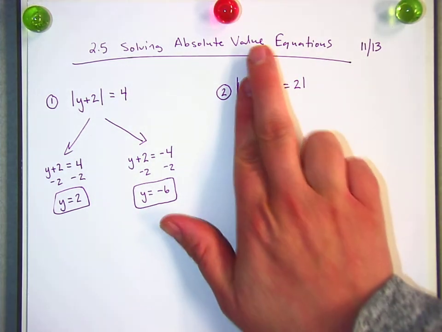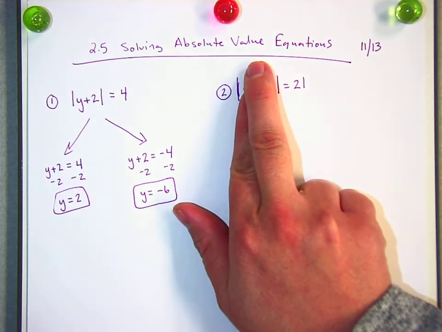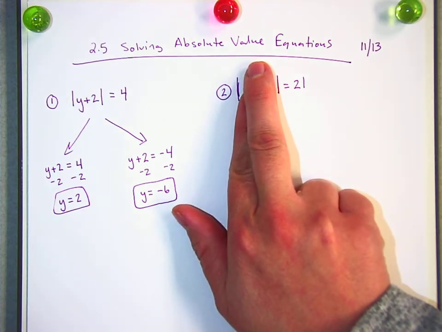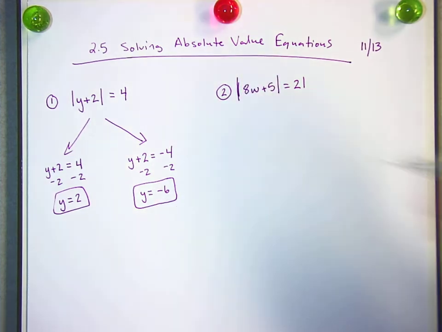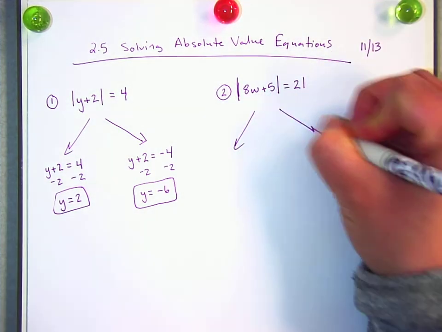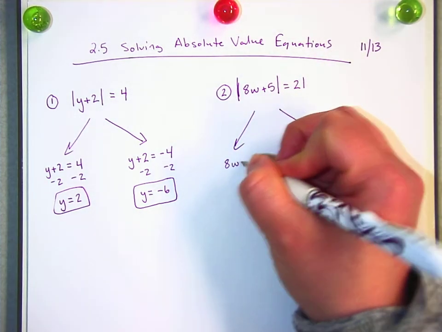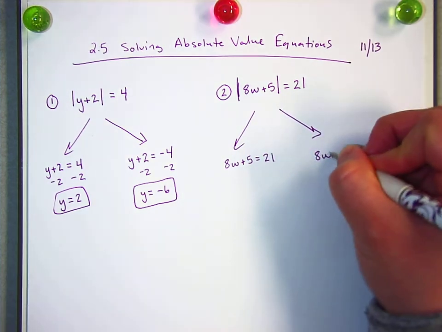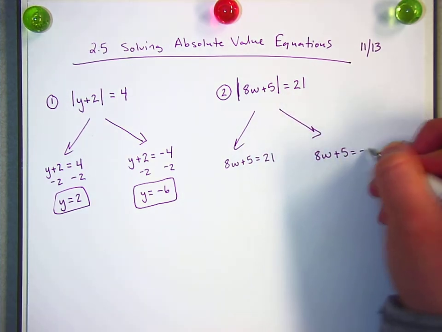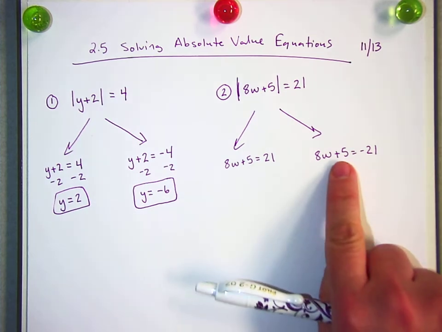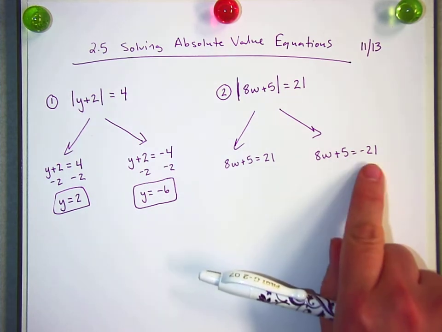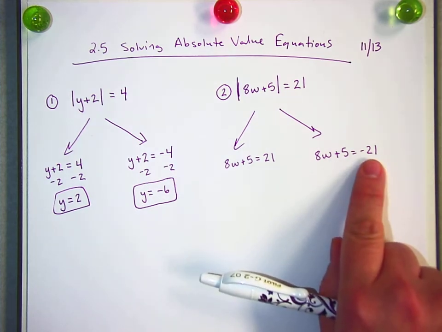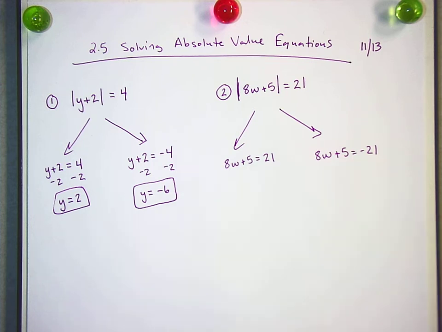Again, this stuff on the inside could equal positive 21 or negative 21 because absolute value makes everything positive. So here I've got 8w plus 5 equals positive 21, and 8w plus 5 equals negative 21. Notice I didn't change that to a negative 5 or a negative 8, just the thing over here turned to a negative. And then you're going to solve both of those equations.